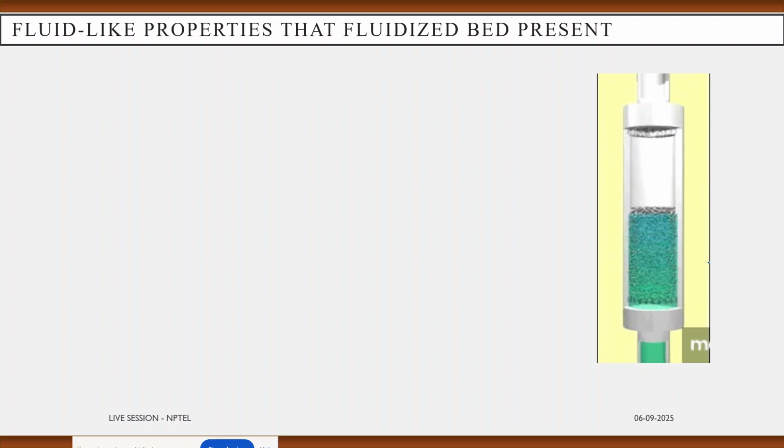You can see in the video here, when the fluid is introduced, the settled bed is completely fluidized after a point. With increase in velocity, a point is reached when the velocity is sufficient to fluidize all the bed material.